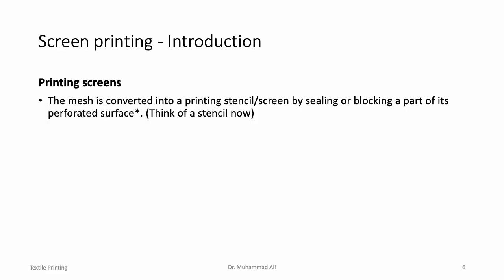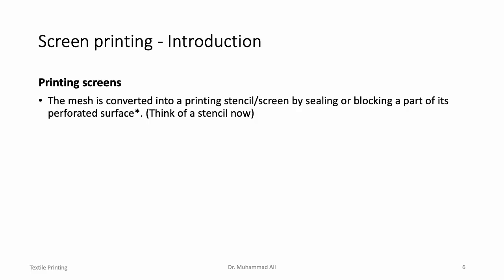Furthermore, this mesh is converted into a printing screen or a printing stencil, as some people like to call it, by blocking a certain part of the perforations present in the surface. You can think of the stencil that we use to put headings.